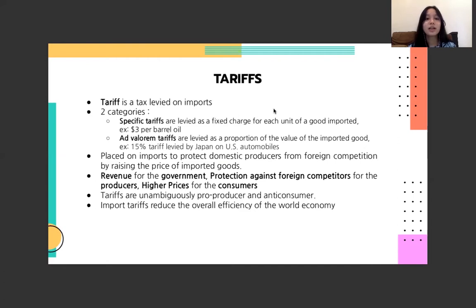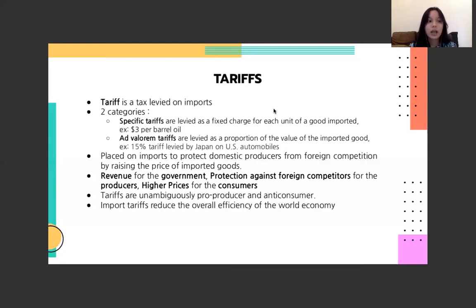So, in general, 2 conclusions can be derived from economic analysis of the effect of import tariffs. The first is that tariffs are unambiguously pro-producer and anti-consumer. While they protect producers from foreign competitors, this restriction of supply also raises domestic prices.